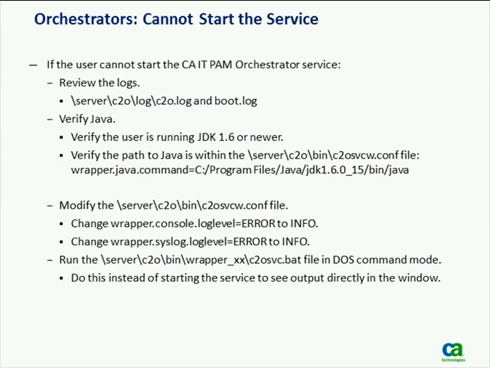It might give you some information about what is happening. The last option means that instead of going to services and starting the orchestrator, you can do that via command line to obtain all the outputs directly in the window. This might be very useful. I used it one or two times, and it was useful.